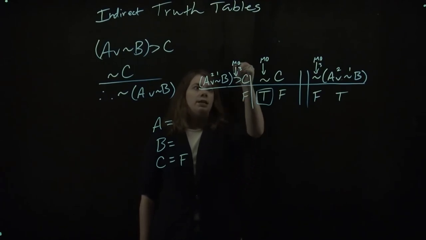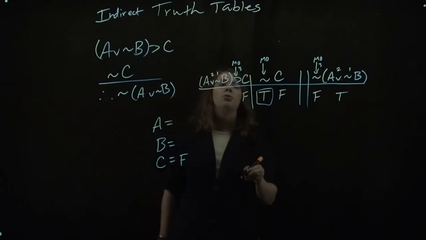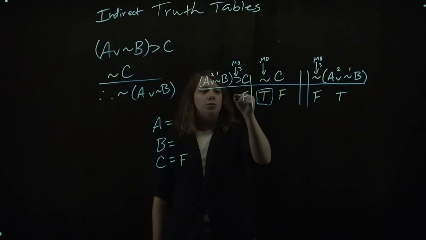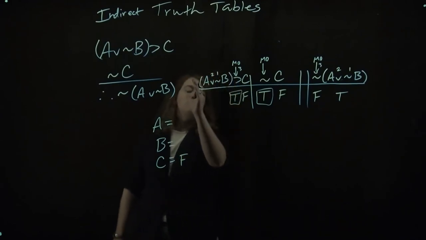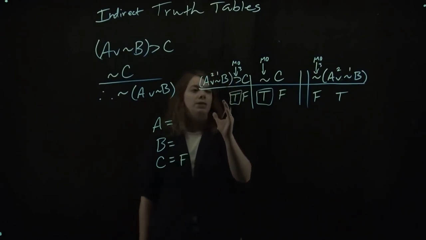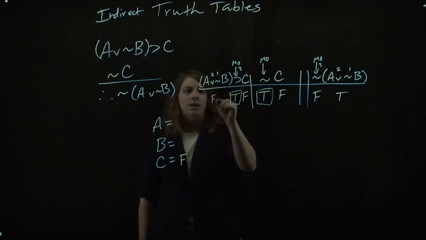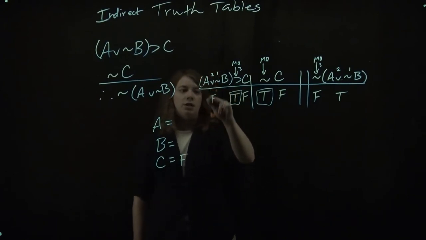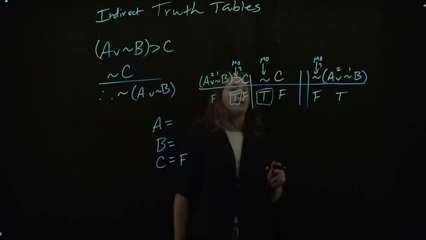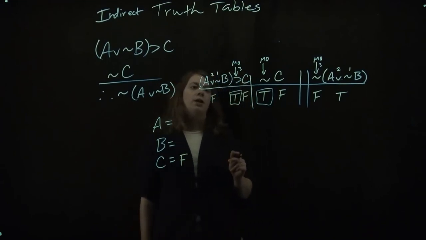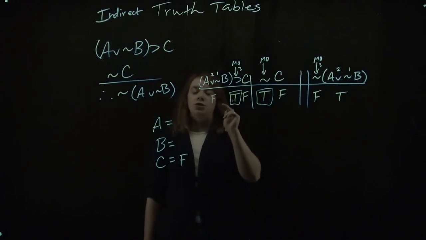Because the main operator here is the horseshoe, and we want that horseshoe to be true, ultimately, because we want the whole value of the premise to be true. So we don't want whatever's to the left of the horseshoe to be true. We want it to be false. So we want to make this wedge a false statement. How would we make a disjunction false?